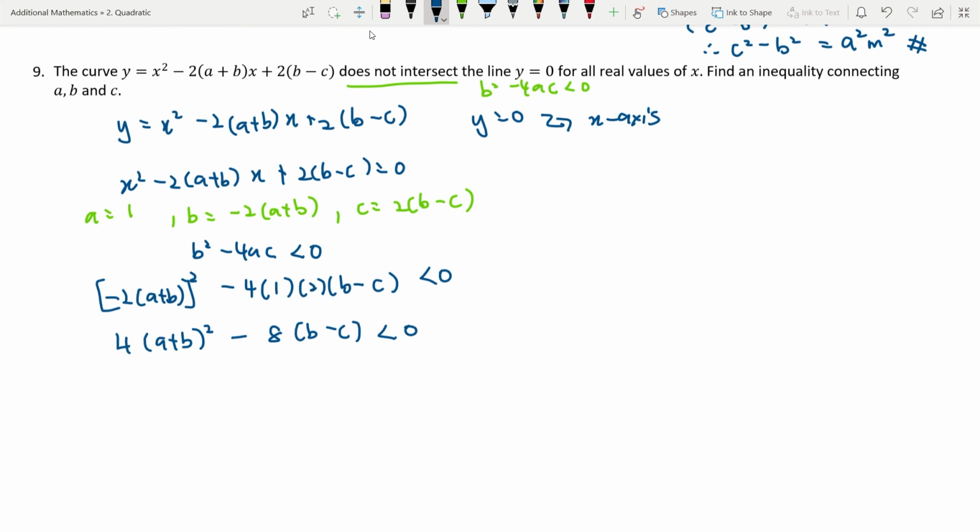We divide the inequality by 4. (a plus b) squared minus 2(b minus c) is less than 0. Therefore, (a plus b) squared is less than 2(b minus c).